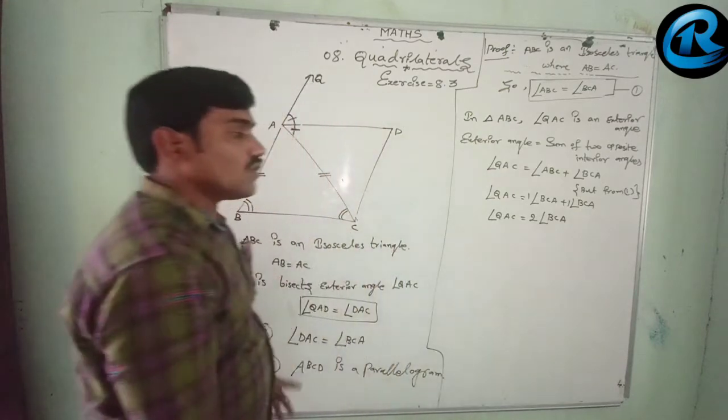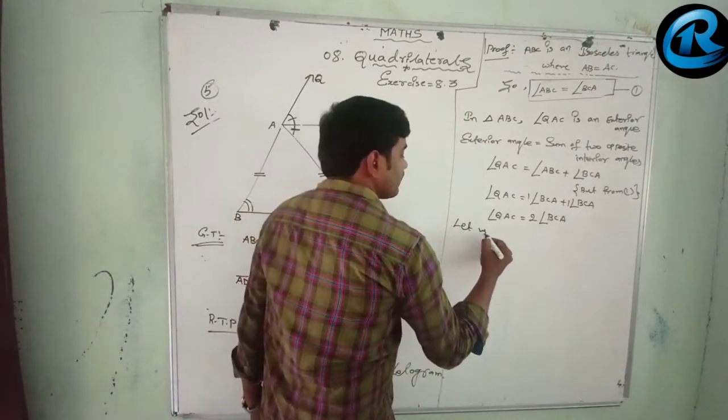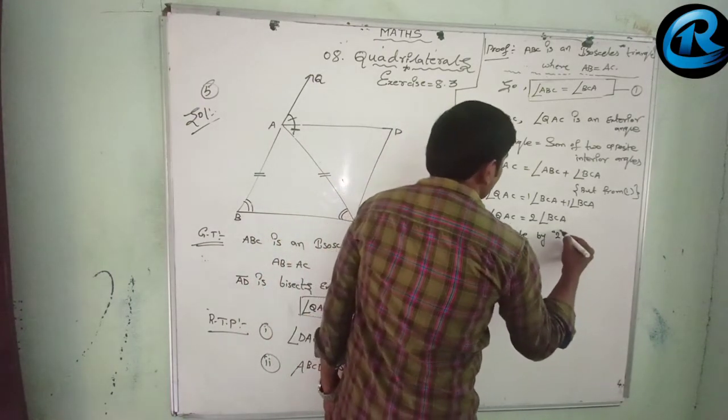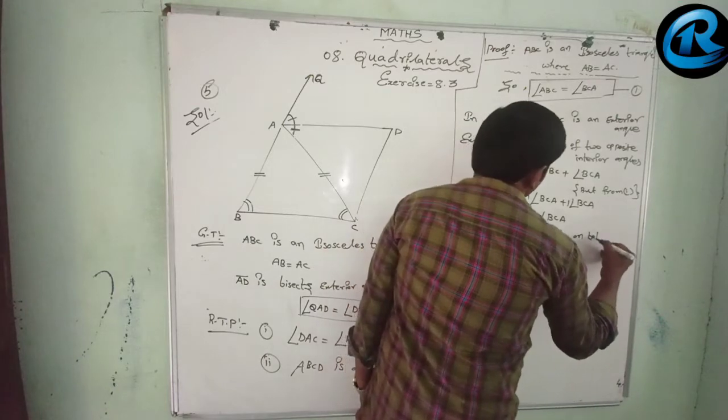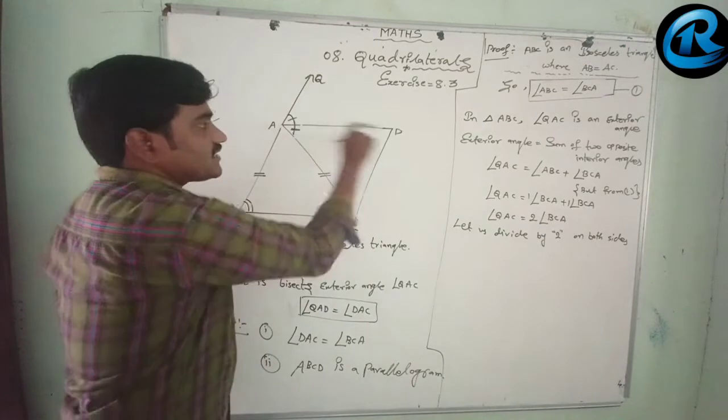Let us divide by 2 on both sides. Why should we divide? Let us bisect this angle.